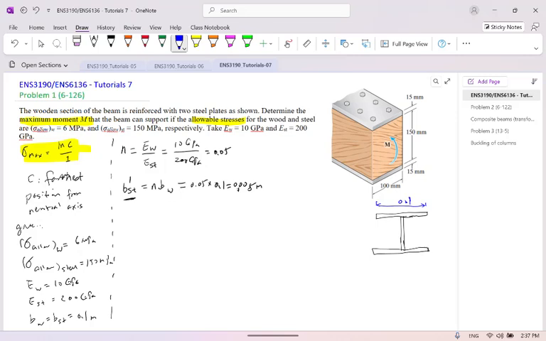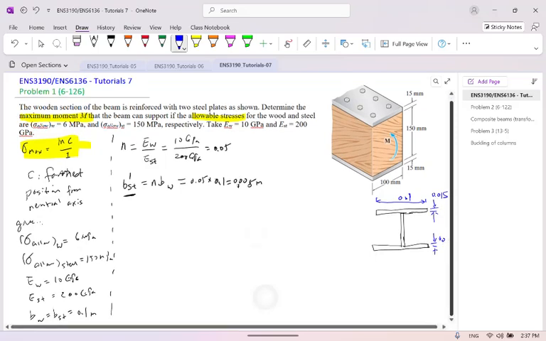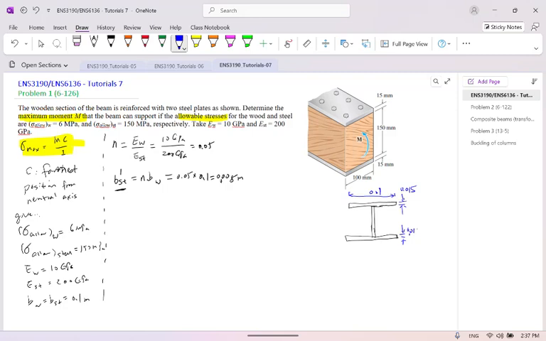This one is 0.015, and this also 0.015, but the whole distance is 0.15 for the whole thing. So that's the new structure.